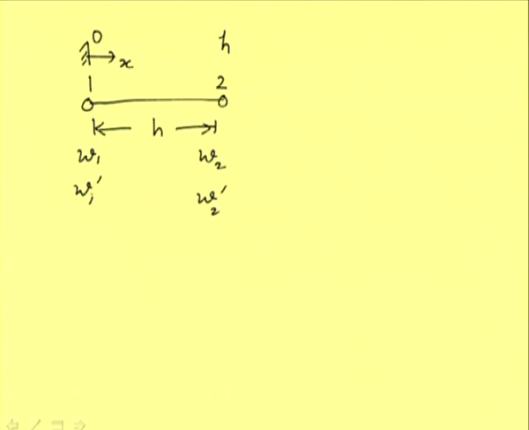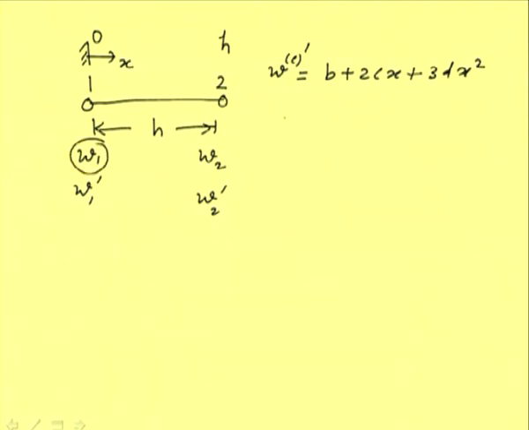So, we have these 4 conditions which we need to satisfy in the polynomial. We have the polynomial for w, but its derivative with respect to x can also be obtained, because it is there in the boundary conditions. Now, we can satisfy these 4 boundary conditions.